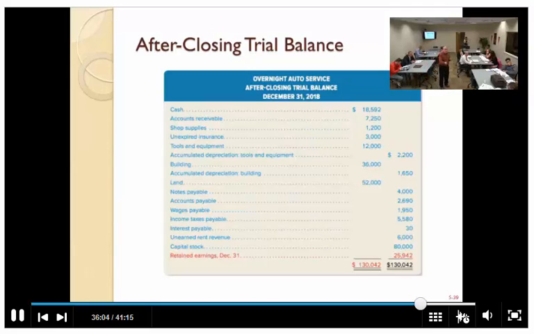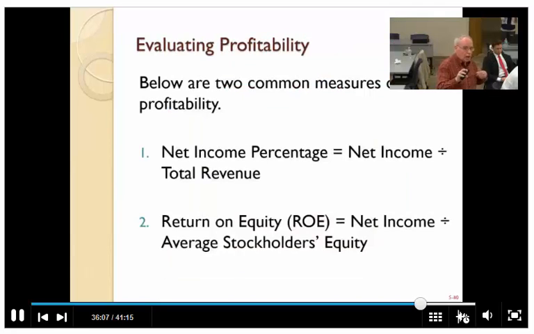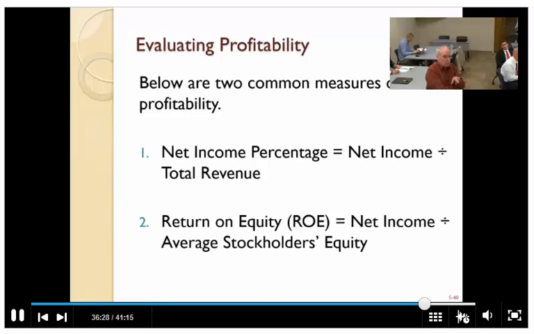Okay. All right, now, in Connect, you have to do some ratios. The first ratio is the net income percentage, sometimes commonly referred to as profit margin. And you calculate that by taking net income divided by total revenue.